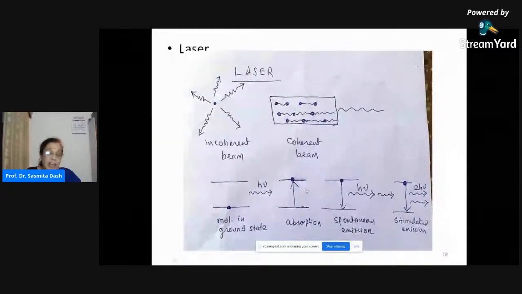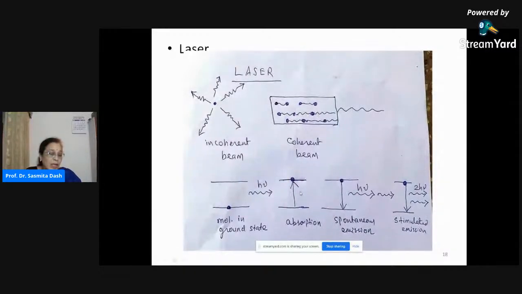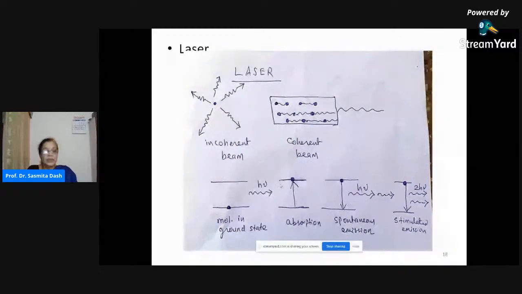If by some means the population of the excited state can be increased, the impinging photon is more likely to encounter an excited particle.